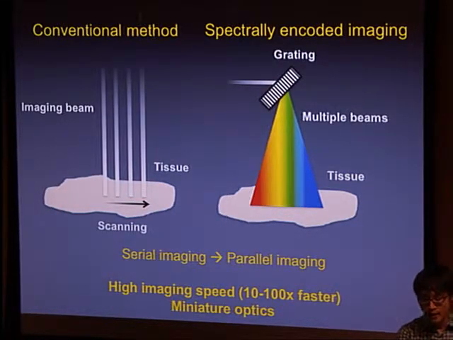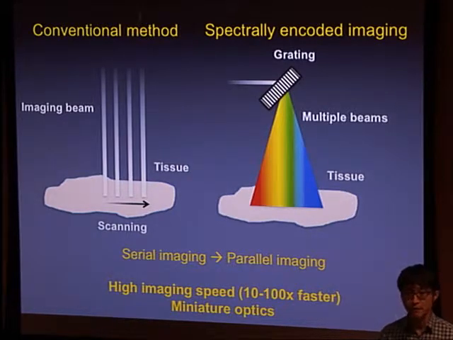So there are applications where we can utilize this method, and there are other applications where we cannot utilize this method, or it is hard to. Today we're going to mostly talk about the reflected light coming back from the tissue, where the spectroscopic information is not that often used for clinical application. In that scenario, spreading out this spectrum actually helps in terms of increasing the speed.